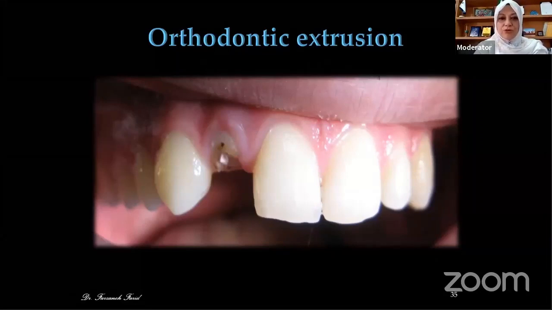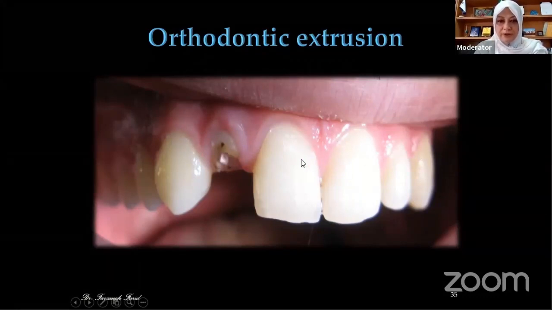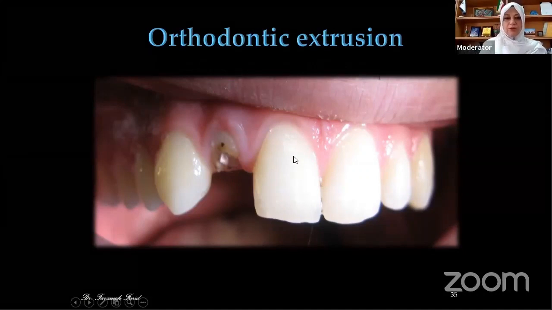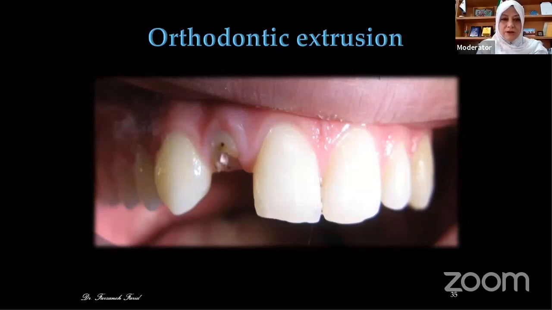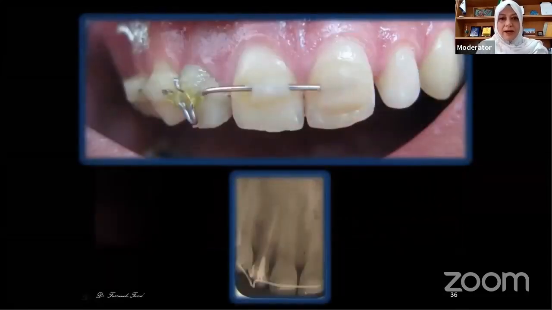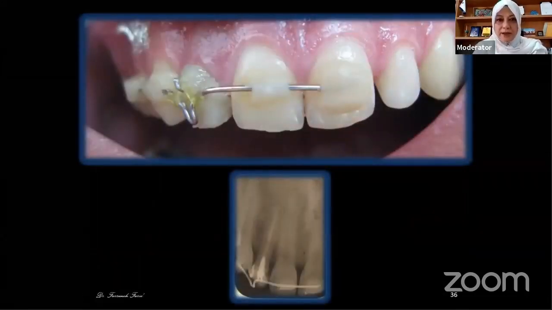Like when you want to do crown lengthening for the lateral, you have to do it for all 6 anterior teeth. So because the patient had good gingiva and everything was healthy, we decided not to use periodontal surgery. Another way is extrusion of the teeth.